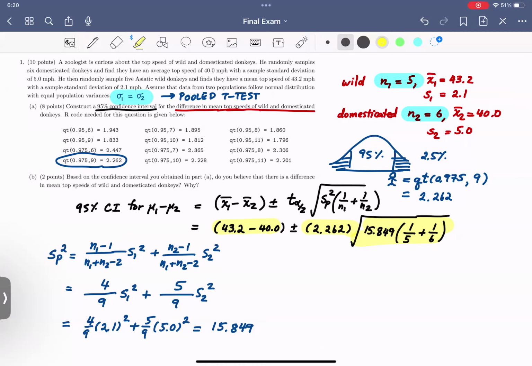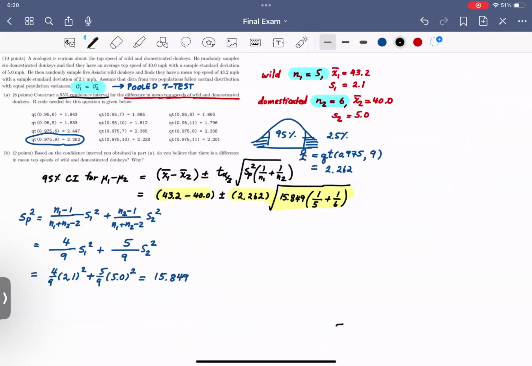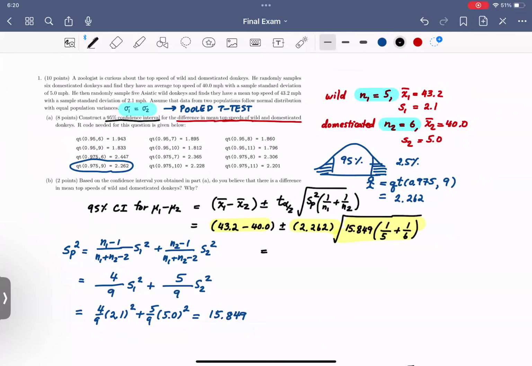All right, the answer that I get here, sorry, is minus 2.253 to 8.653. So this is the 95% confidence interval for mu1 minus mu2 in this case.